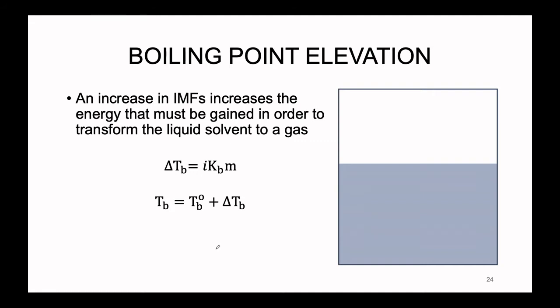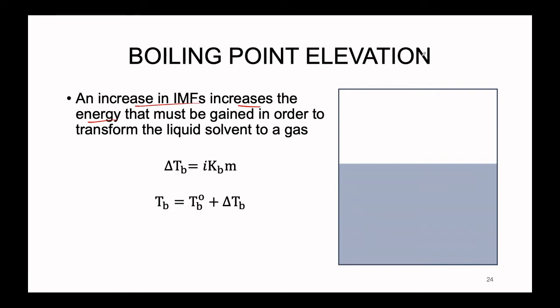The boiling point elevation is an observation that the boiling point of a solution is higher than that of its neutral solvent. This is caused by an increase in the intermolecular forces present inside of the solution. An increase in intermolecular forces increases the energy that must be gained in order to transform the liquid solvent into a gas.